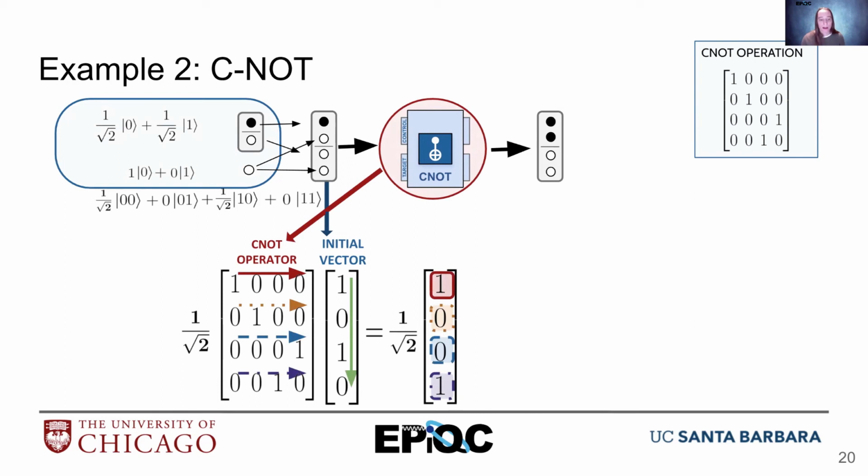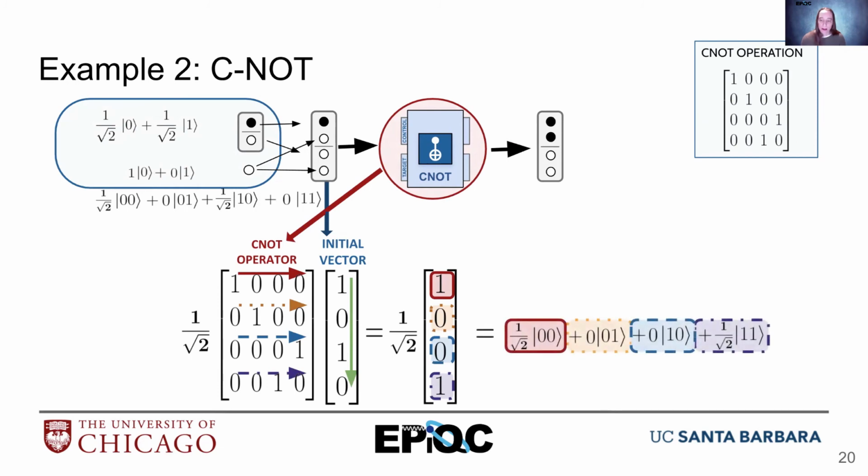And now we notice that it's the last row that has a 1 in the third position, like the initial vector. So we have a 1 on the first and the last position. So if we put this back into bracket notation, that's easier for humans to read, we can see that our 1 over root 2 is in front of the 0, 0 and the 1, 1. And we go back to our solution and we see that, oh, yes, those do match.